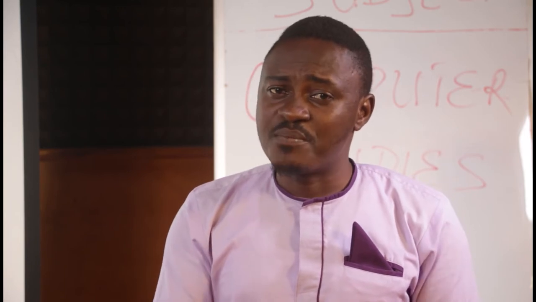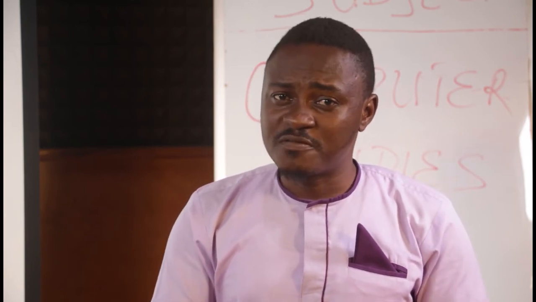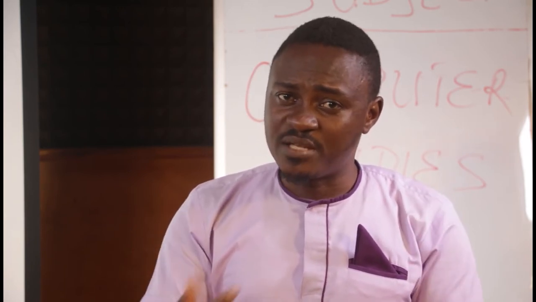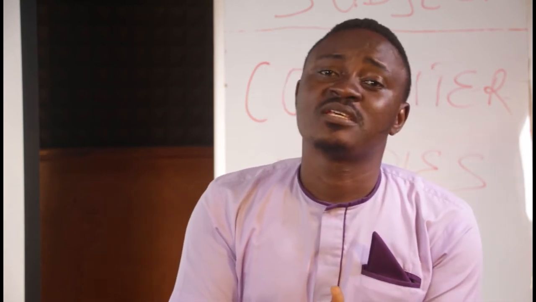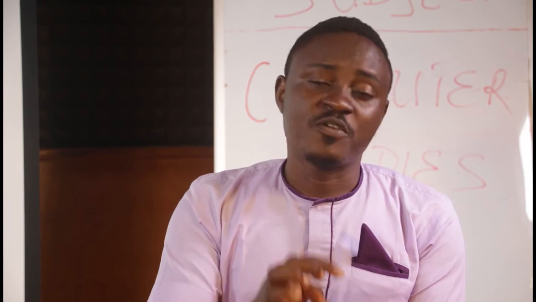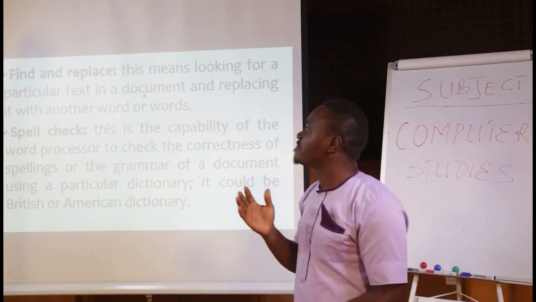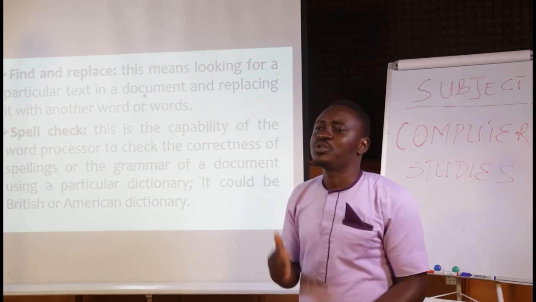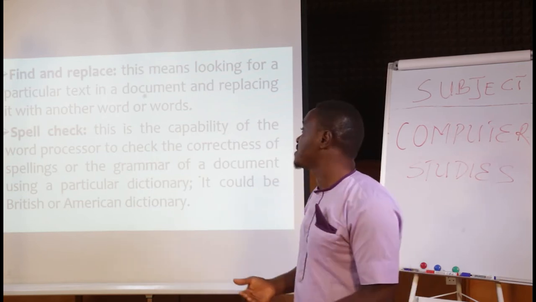Words that are missing could be found and then replaced, or words that are placed in the wrong place could also be replaced by the right one. So that's what the find and replace feature does. We're going to see all of these things gradually.